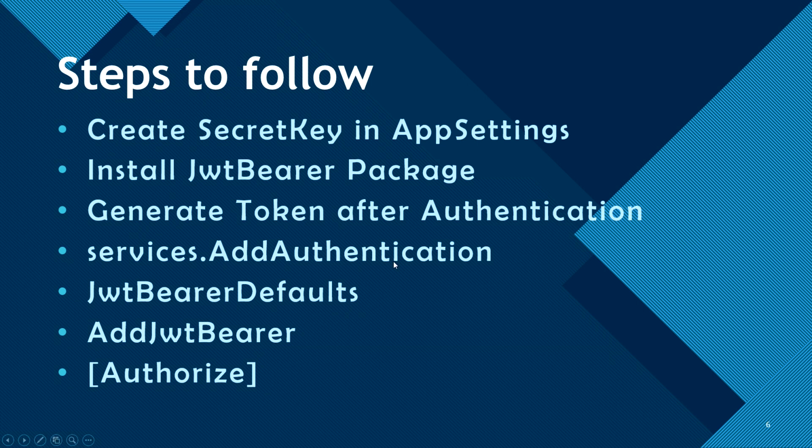Now, if the client wants more information, you add authentication with JwtBearer to let it know which key to use to validate the token. And then you can put the Authorize attribute on any of the controllers or functions that you want to validate before sending the response back.